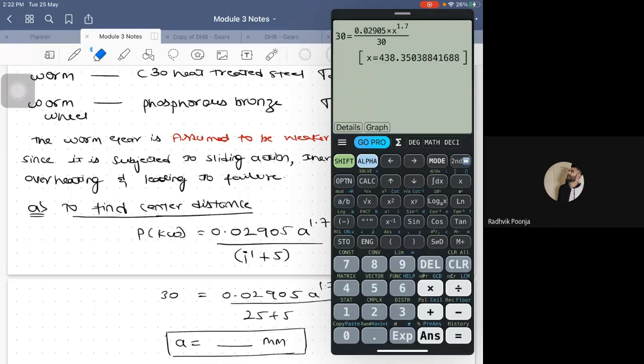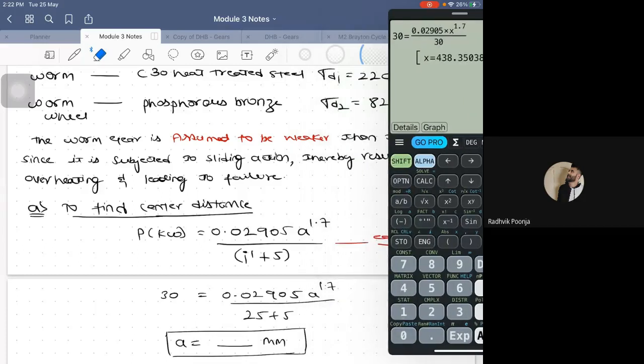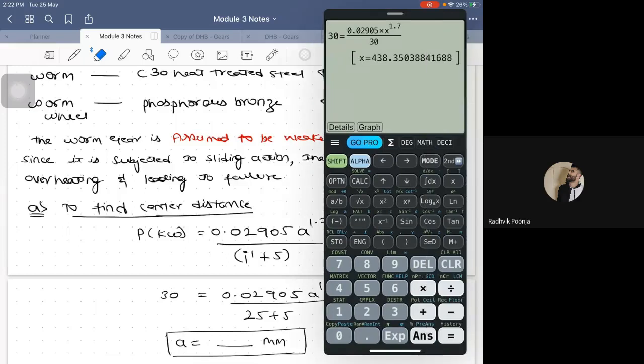Is the value correct? 438.35, that is the value I have got.